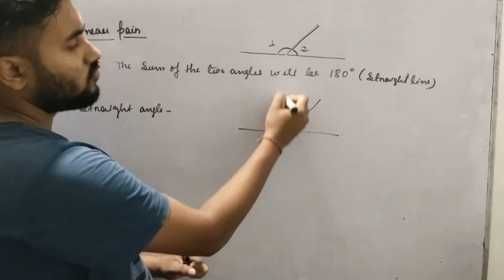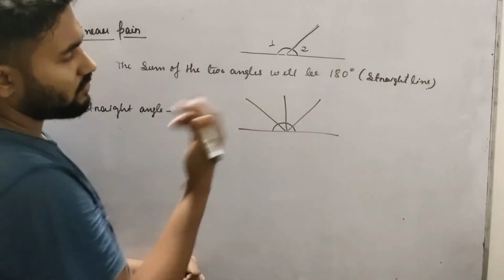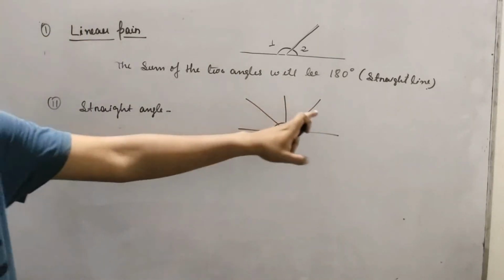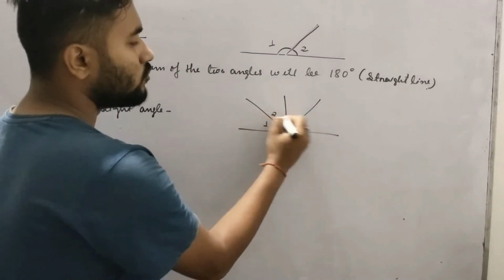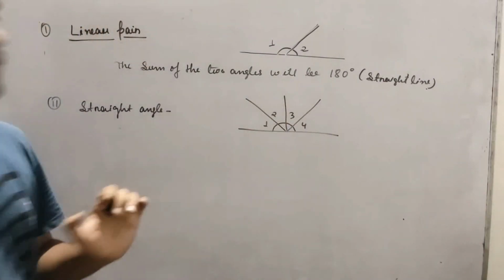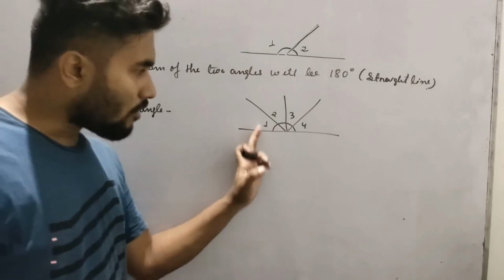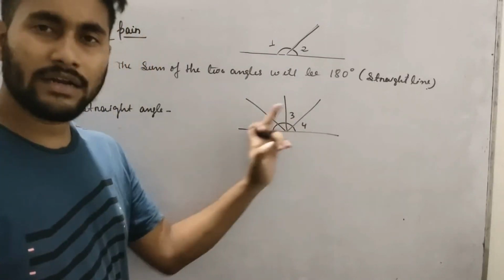Say 1 part, 2 part, 3 part. Okay, like that: 1 part, 2 part, 3 part, 4 part. So the logic is similar. The complete one is 180 degree.